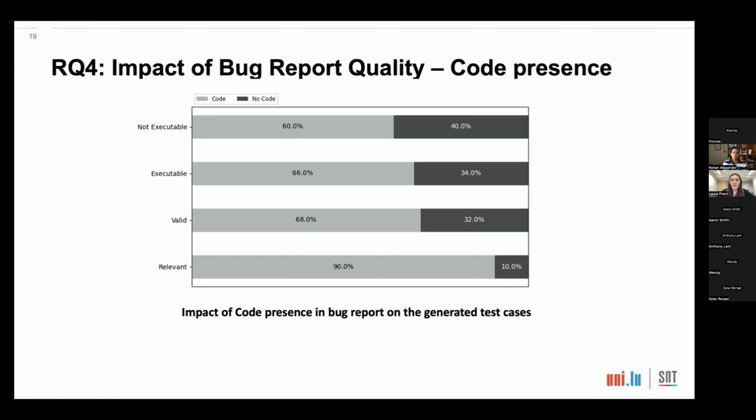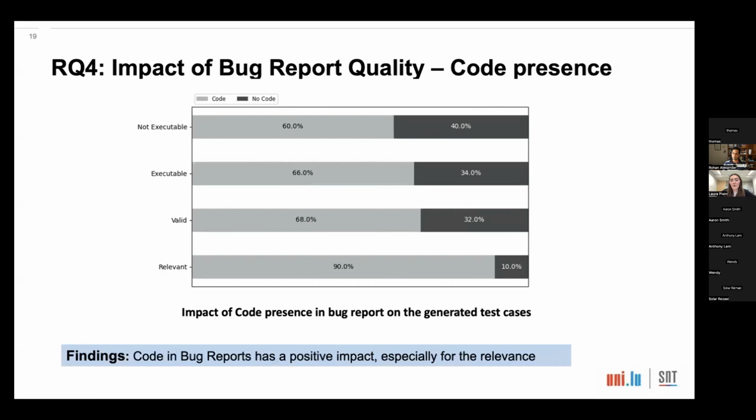In order to really have a relevant test case for the bug, it's definitely beneficial to have some kind of code presence. Even if the code presence is as little as just one line of code, this can be really helpful for the model to generate an executable and relevant test case for the given bug report. So we found the code presence to be very important for the generation of relevant test cases.